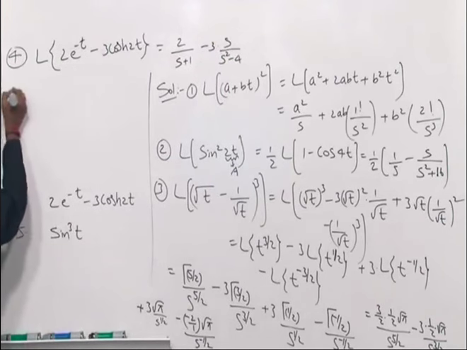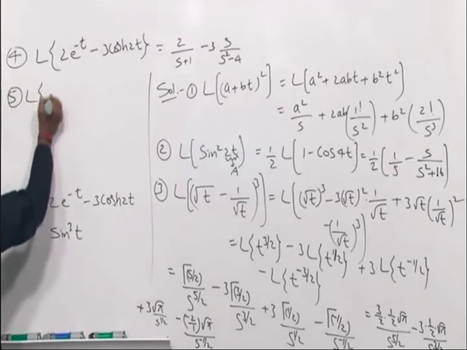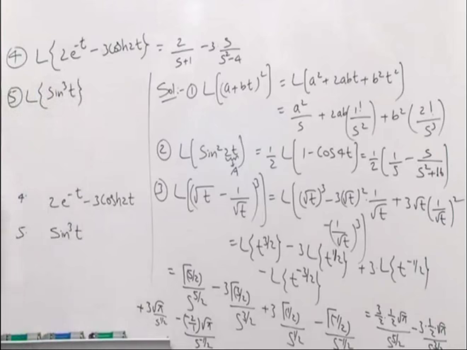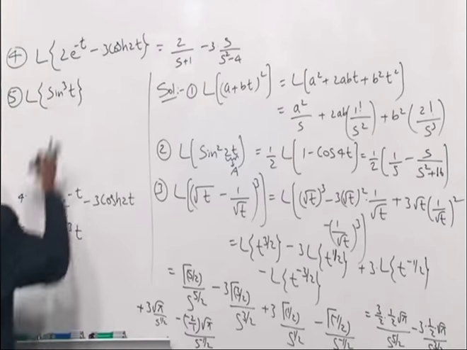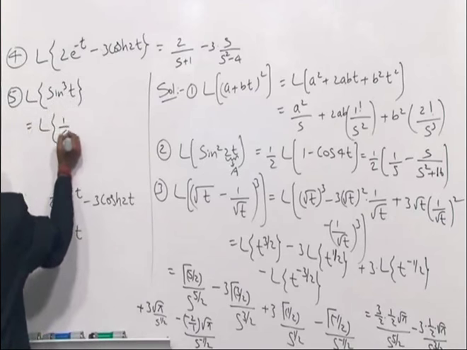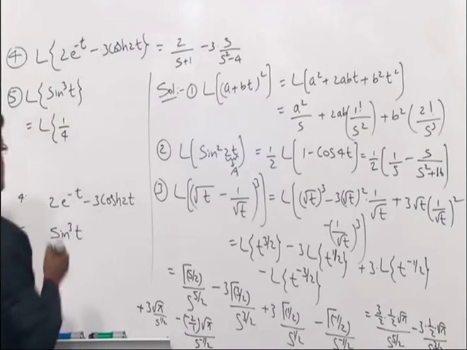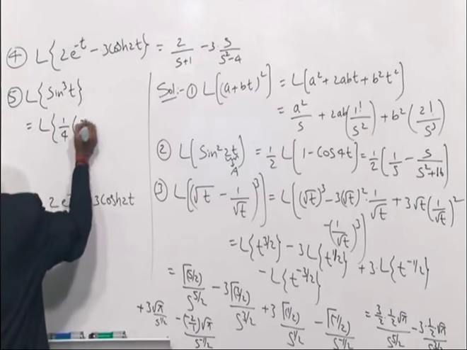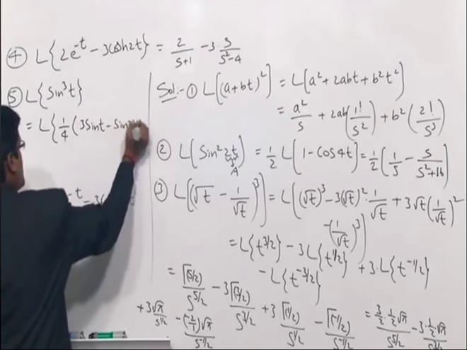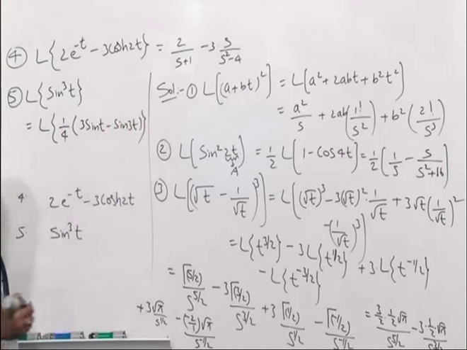And the fifth one is L of sin cube t. It is in the form of sin cube a, that is L of 1 by 4 times 3 sin a minus sin 3a. I applied the sin 3a formula, from that I have expressed sin cube a.